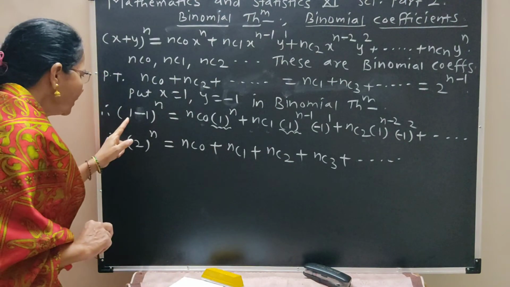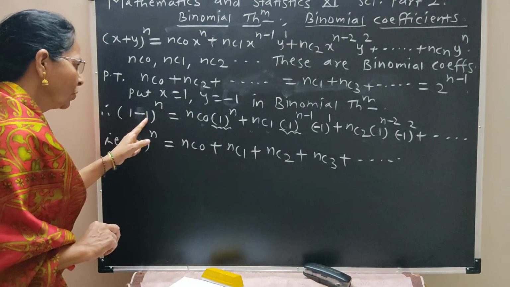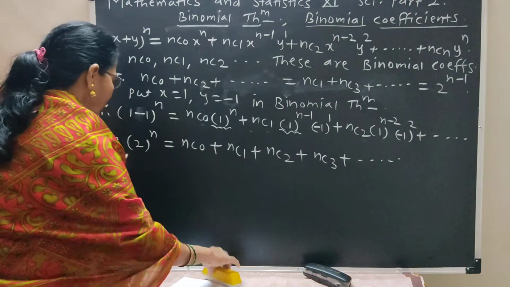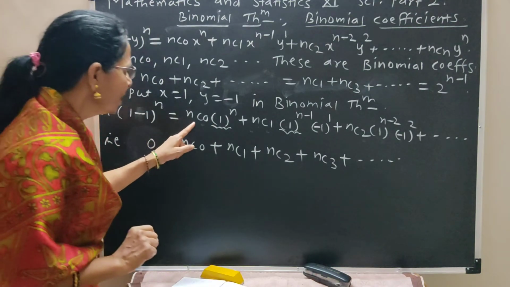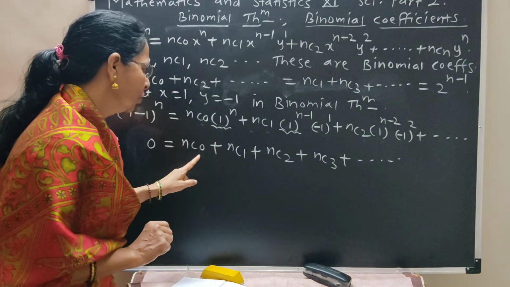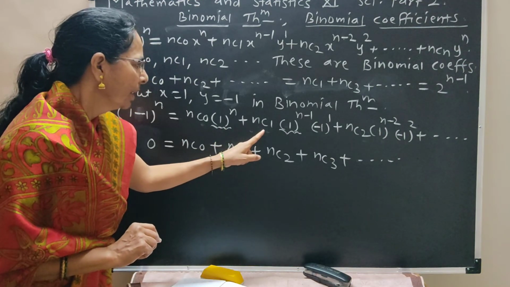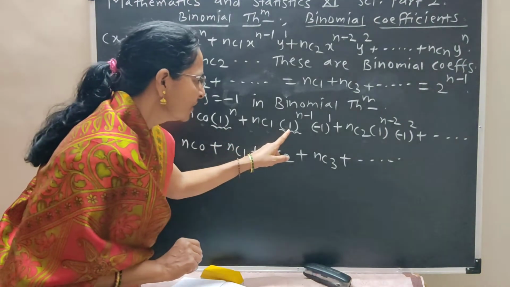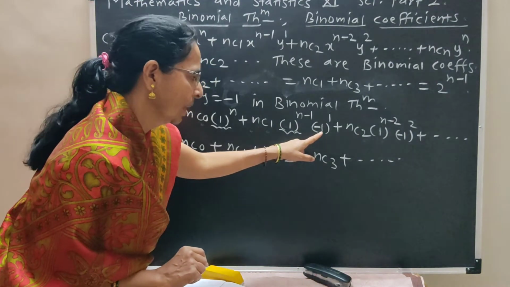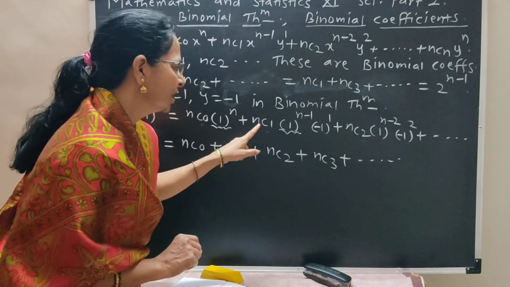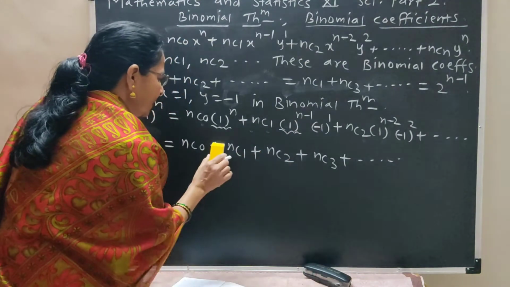Next, 1 plus (minus 1) is 0 raised to n, value is 0. nC0 into 1 is nC0. Now this value is 1, this is minus 1, product is minus 1. Minus 1 into nC1 is minus nC1.